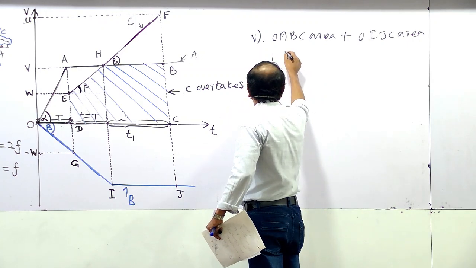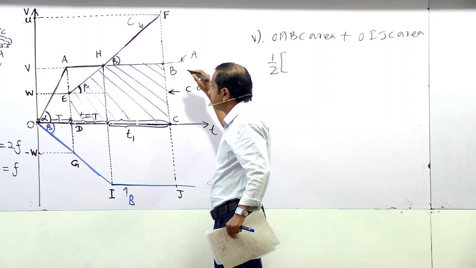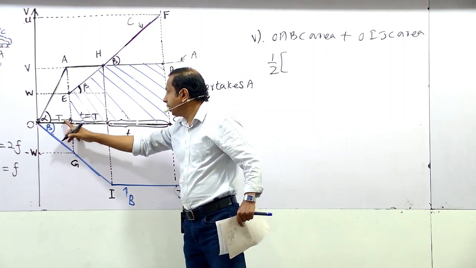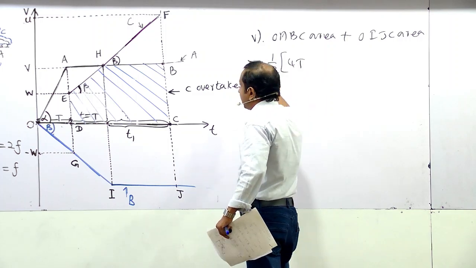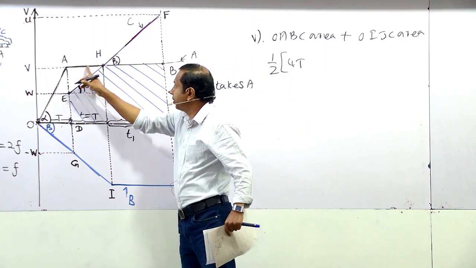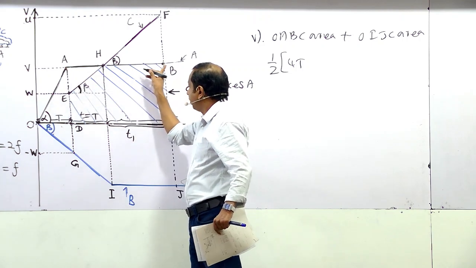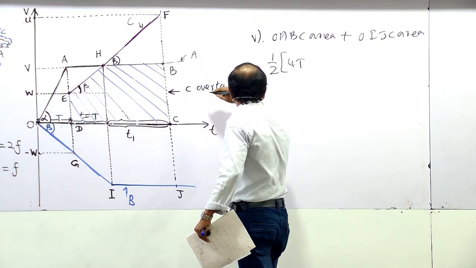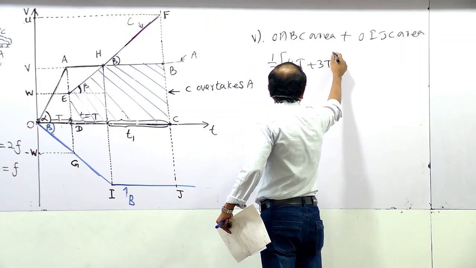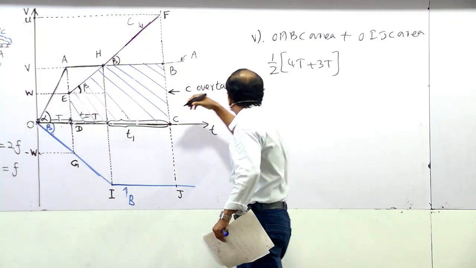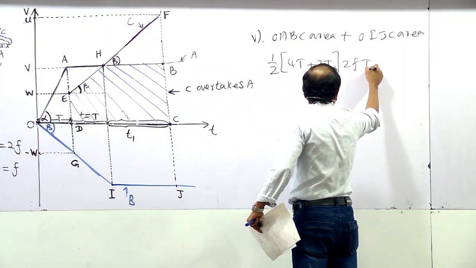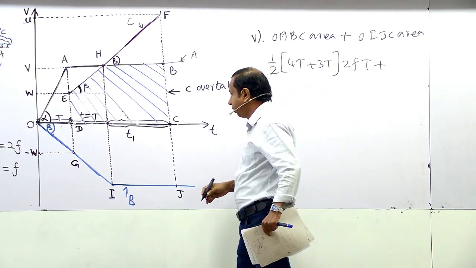Half sum of the parallel sides. One side is T, 2T, 40. The other side is 2T plus T, 3T. The perpendicular height is this V, 2ft. Right.